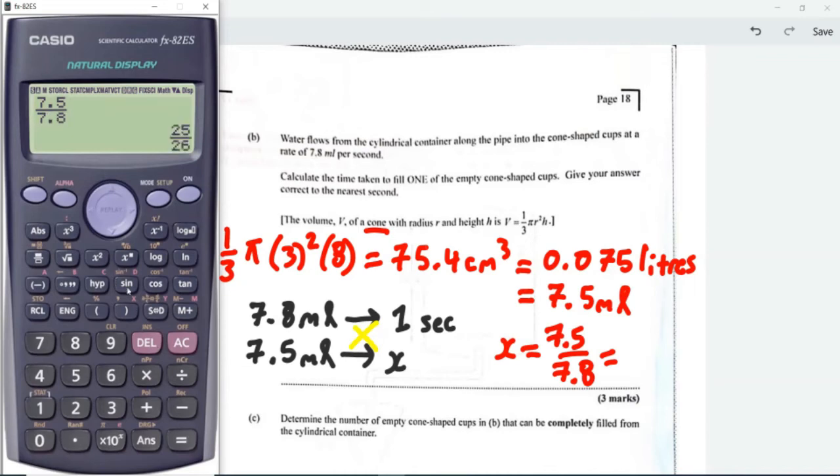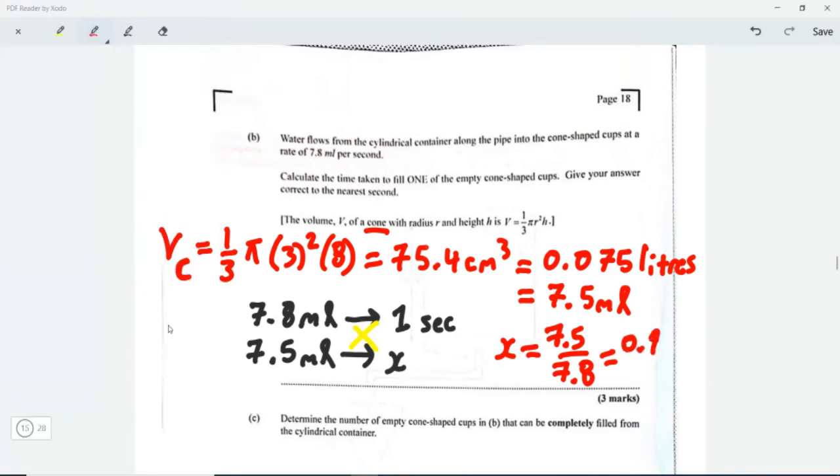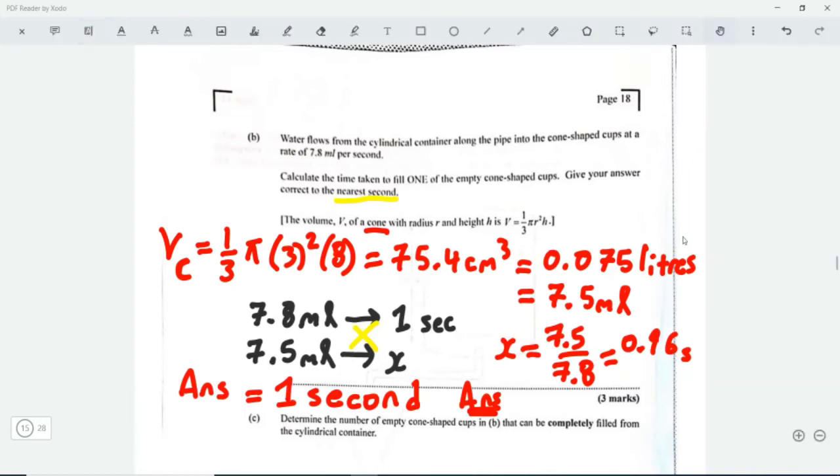That is roughly 0.96. So it takes 0.96 seconds. But the question said, give your answer to the nearest second. So to the nearest second, your answer is equal to 1 second. It's just going to take 1 second. So in the space of 1 second, the cup will be filled. Easy question.